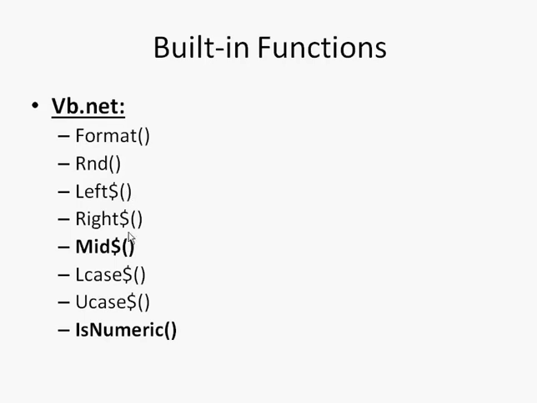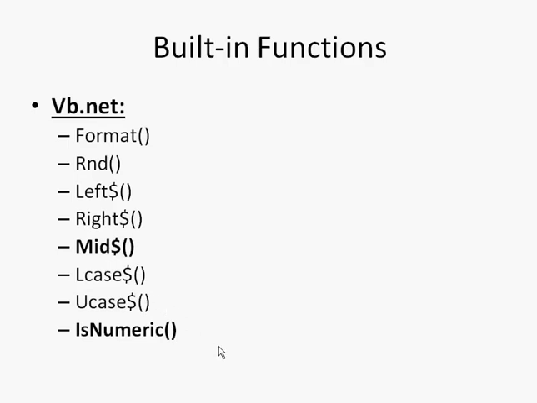These three here are string manipulation built-in functions, and we've seen the mid $ one earlier on in the video. It helps to chop up text and return pieces of text from a longer string. The lcase function will put text into lowercase. The ucase function will put text into uppercase.